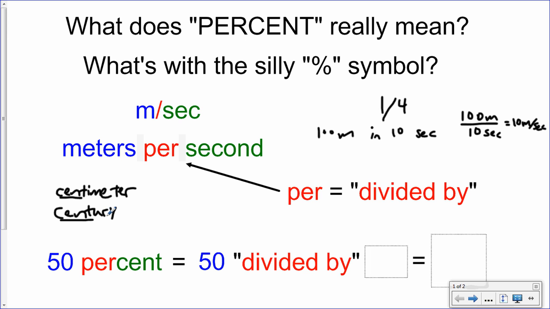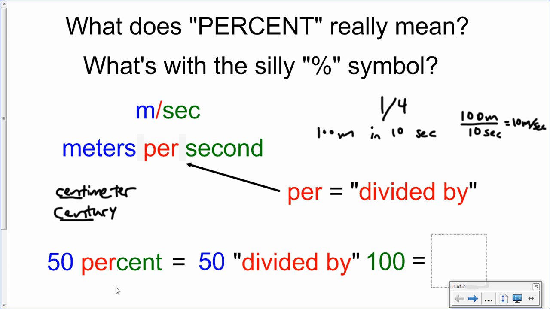That cent, that's 100 years. The prefix cent, if you happen to know the French language, cent means 100 in French. So cent refers to 100.